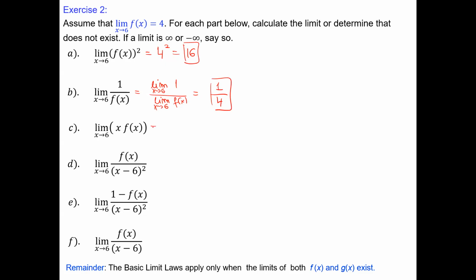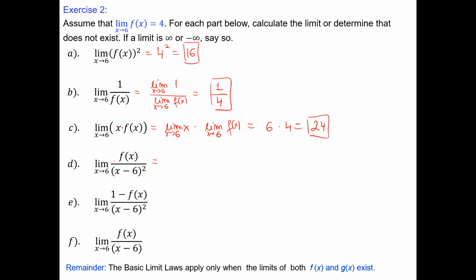Okay, this one is a product. That means we will find the limit of x times the limit of f of x as x approaches 6. x is just 6, by direct substitution, continuity, and this limit is 4, so 24.